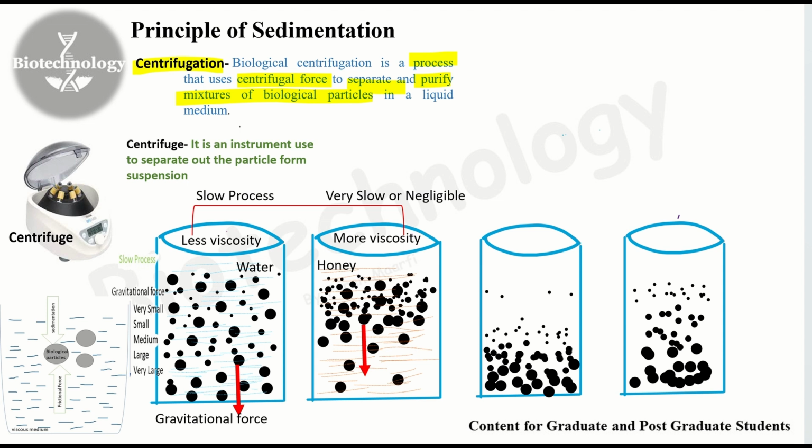It is a key technique in isolating and analyzing cells, subcellular fractions, supramolecular complexes, and macromolecules such as proteins and nucleic acid. So, if we talk about centrifuge, then it is an instrument by which we can separate out these particles from suspension. Suspension may be any buffer, maybe water also.